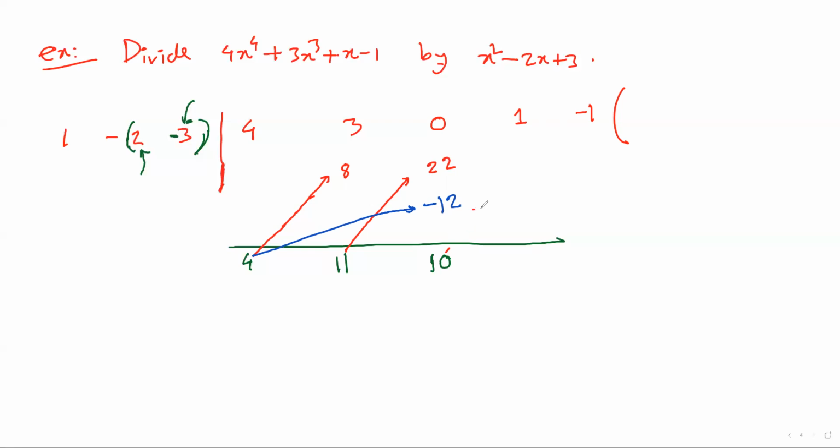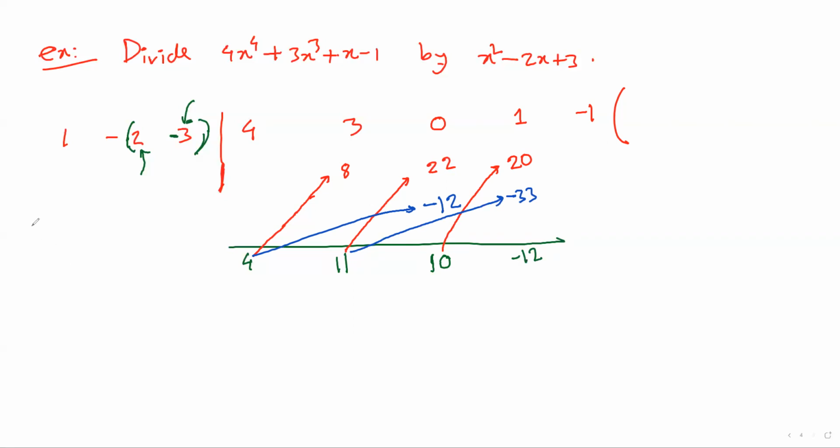So multiply 10 by 2 to get 20 here, and multiply 11 by -3 to write -33 here, and add all these three. 1 and -33. 1 minus 33 is -32, right? Plus 20 is -12. Yeah.